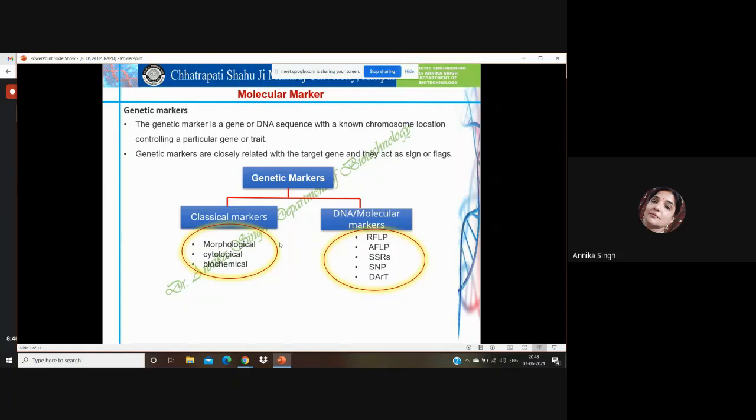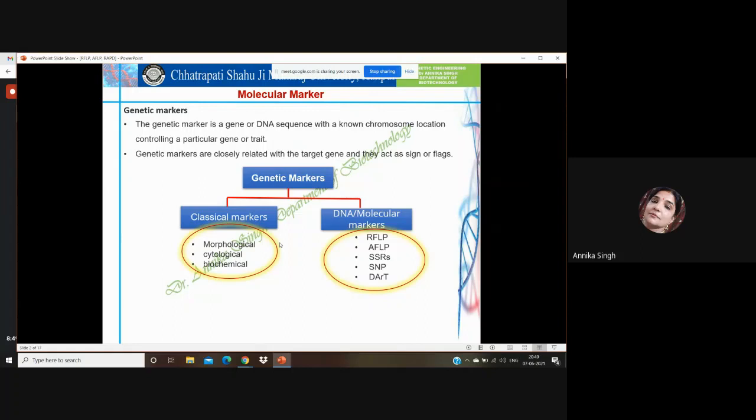Classical markers include morphological, cytological, and biochemical markers. Morphological markers are those which can visually distinguish qualities like flower color, growth habit, or seed structure or length.